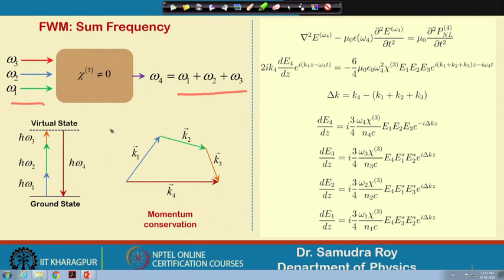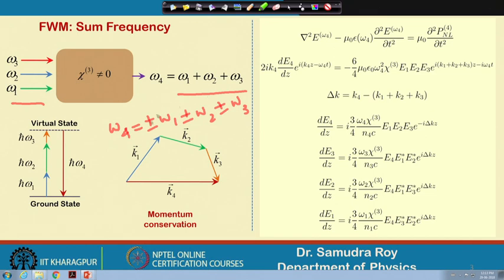You should always remember that omega 4 in general can be generated in many ways: plus or minus omega 1, plus or minus omega 2, plus or minus omega 3. That is 8 different combinations, so omega 4 can be generated with 8 different configurations if omega 1, omega 2, omega 3 are distinct.